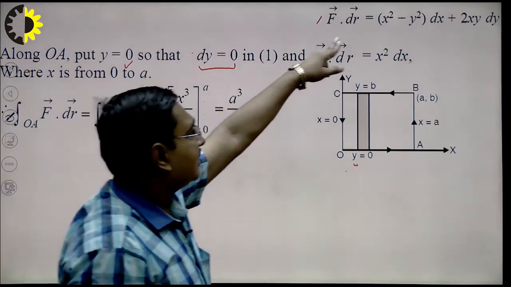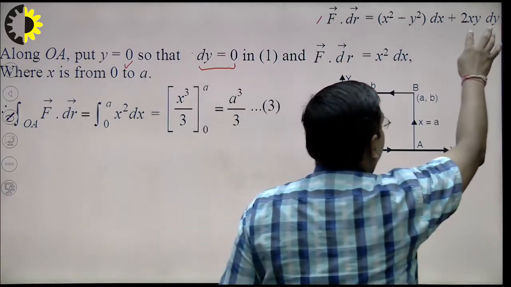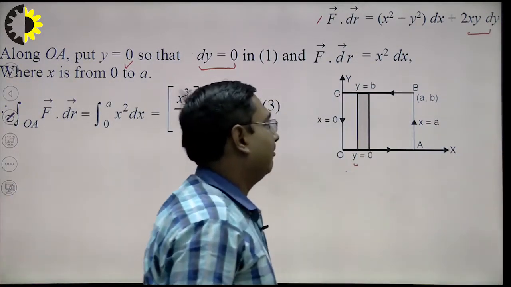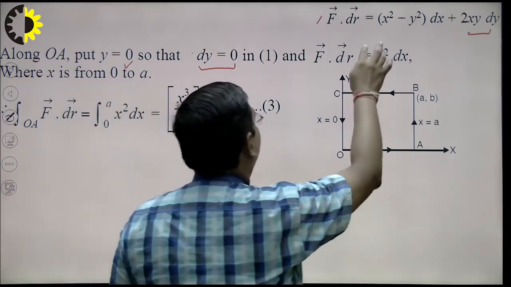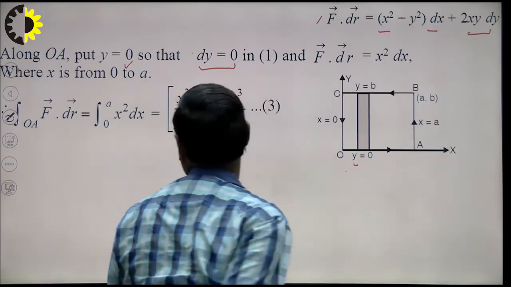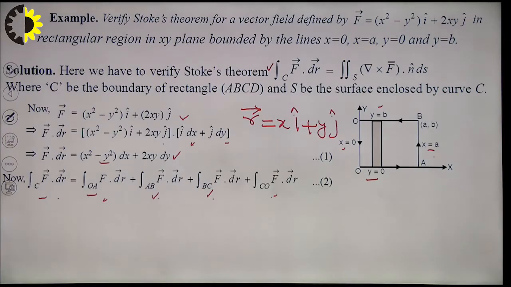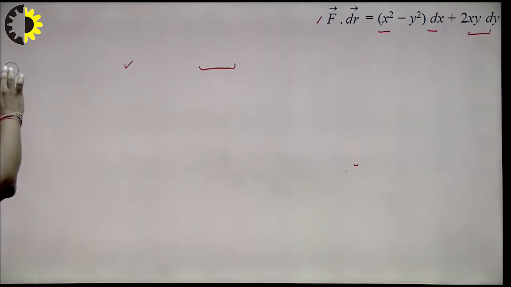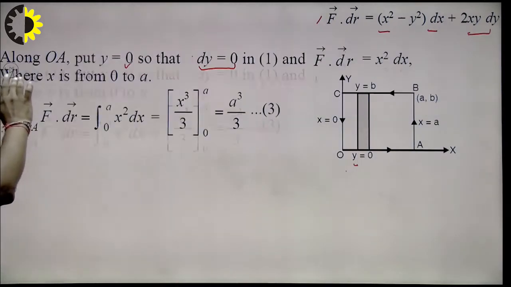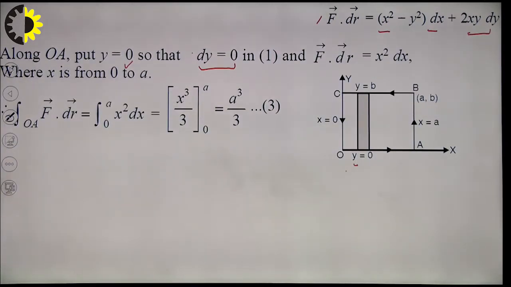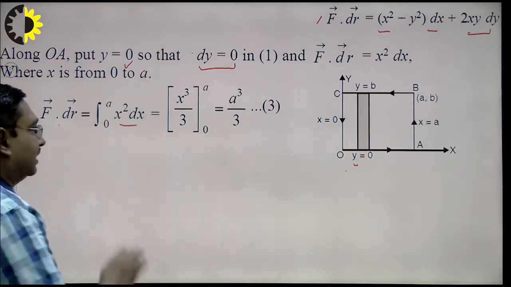So in this f dot dr, the y and dy terms become 0 and we are left with x² dx. So the integral over OA of f dot dr becomes the integral of x² dx.